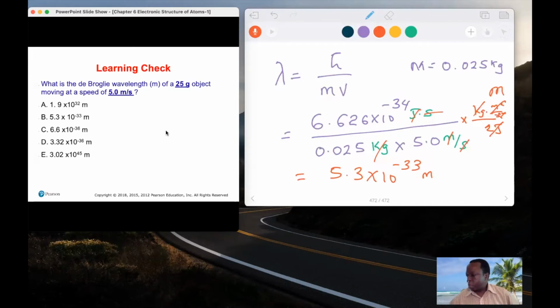So that is what de Broglie was saying: if light is behaving as matter, then matter can also behave as light, and that means we can calculate the wavelength.